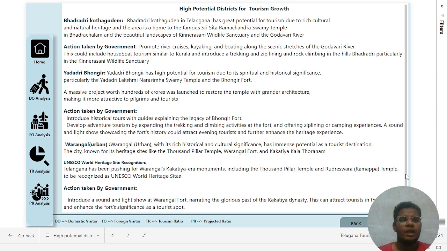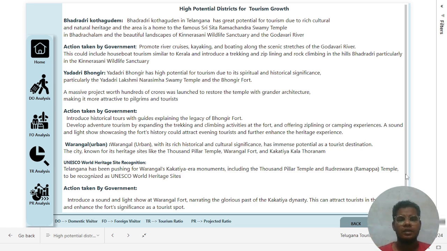And Yadadri Bhuvanagiri has high potential for tourism due to its spiritual and historical significance, particularly the Yadadri Lakshmi Narasimha Swamy Temple and the Bhongir Fort. That temple is very famous and is an engineering marvel, built on the slope of a mountain.